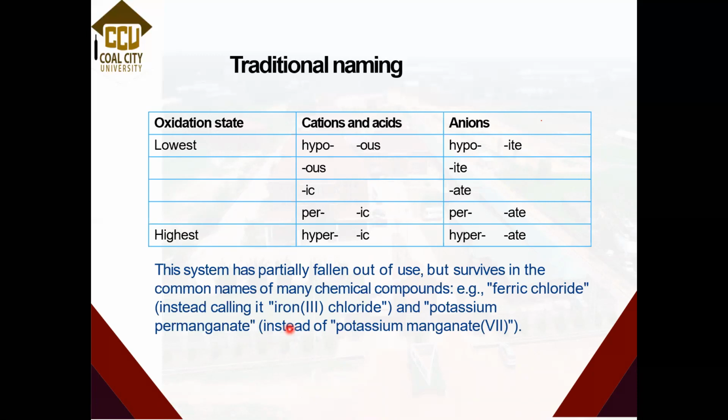For example, ferric chloride, instead of calling it iron(III) chloride, people commonly call it ferric chloride, and potassium permanganate instead of potassium manganate(VII). Potassium manganate(VII) is the correct name, KMnO4, but people just call it potassium permanganate. So these names are still relevant for some common names, but they are not the IUPAC name. For the IUPAC name, you must use these numbers in parentheses. That's the difference between the IUPAC and the traditional naming.